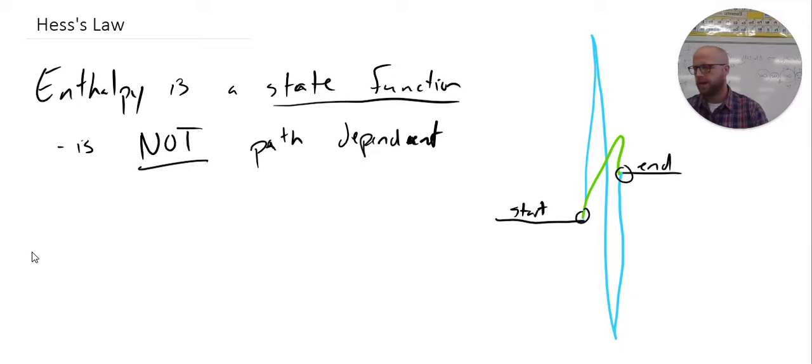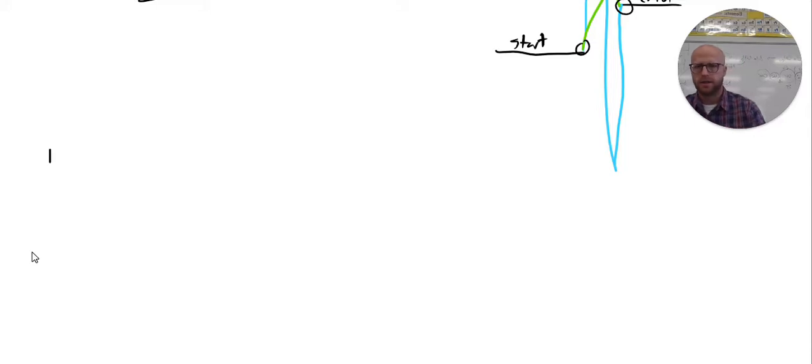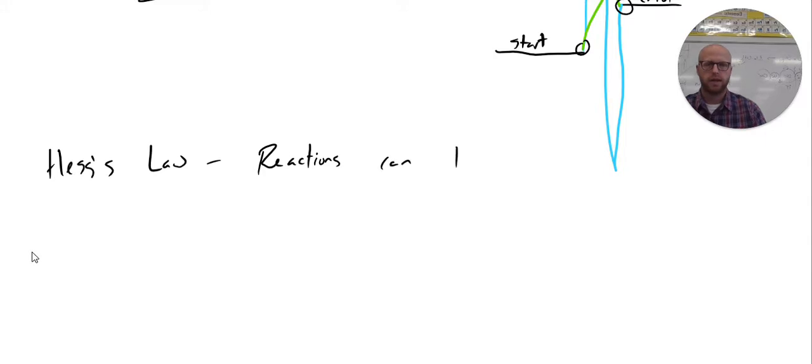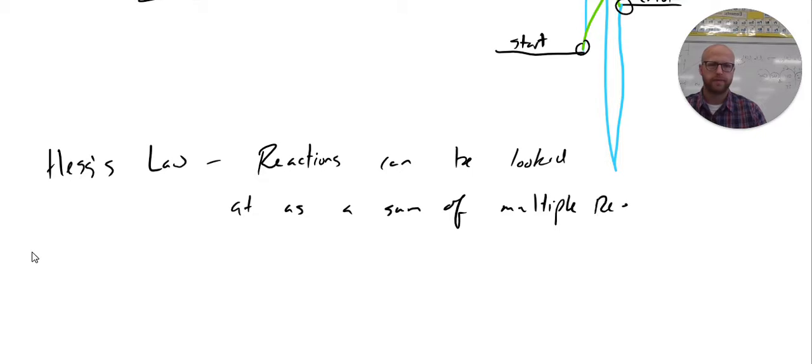So what does this mean for Hess's law? Hess's law tells us that reactions can be looked at as a sum of multiple reactions.